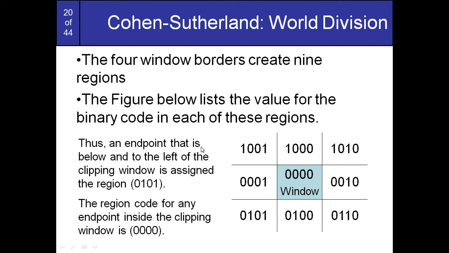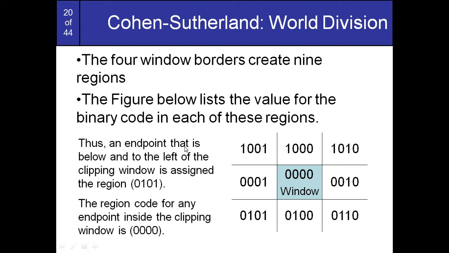The 4 window borders create 9 regions. The figure below lists the value of the binary code in each of these regions. Now these values are in terms of binary values, that is the top, bottom, left and right values.